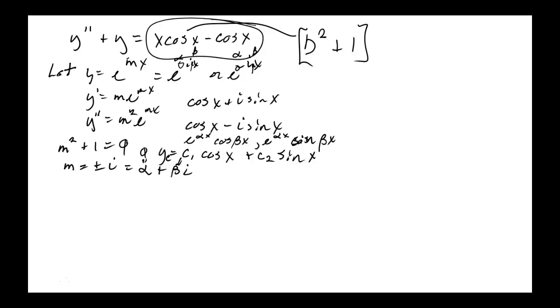And you notice that D squared plus 1. I'm sorry, it's squared, because your annihilator there is always, the power n is 1 greater than the exponent of x.